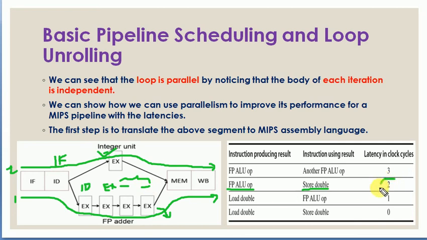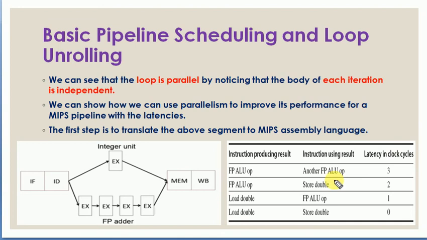That is actually the latency between an FP-ALU operation and a store operation. So whenever in our set of instructions the first instruction is an FP-ALU operation and the second instruction is a store operation, we can automatically set a latency or stall of 2 clock cycles in between.